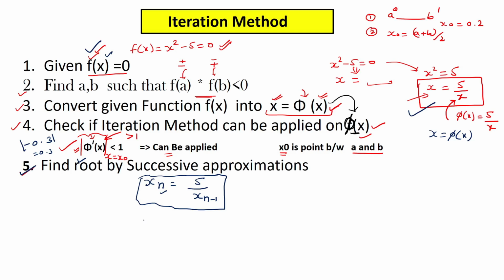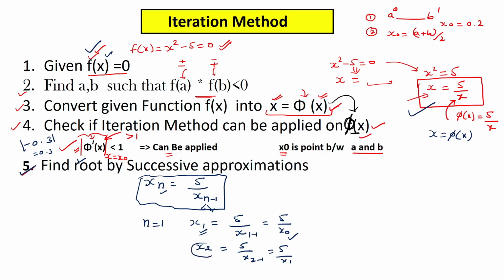So for example, if n is 1, that is iteration 1, you will find x1, and it will be phi of x, where n minus 1 is 1 minus 1, that means phi of x0. So here you are using the value of x0 to find the value of x1. Now after finding this x1, you will go to the next step. So x2 will be phi of x, here n is now 2, so it will be 2 minus 1, that is x1.